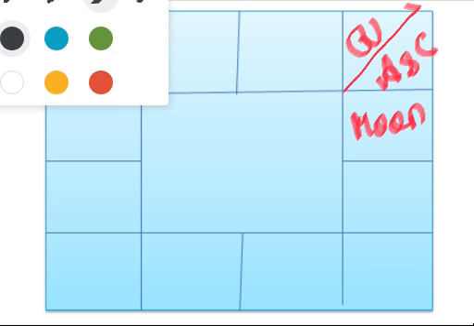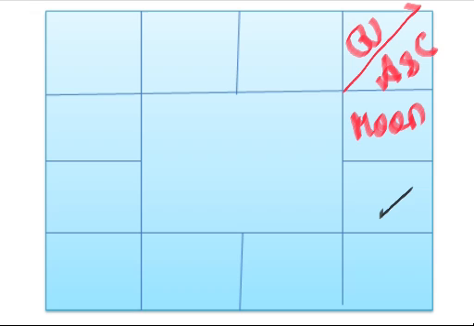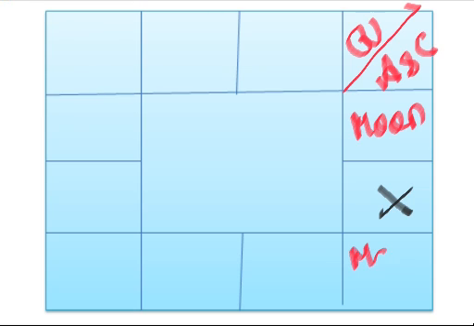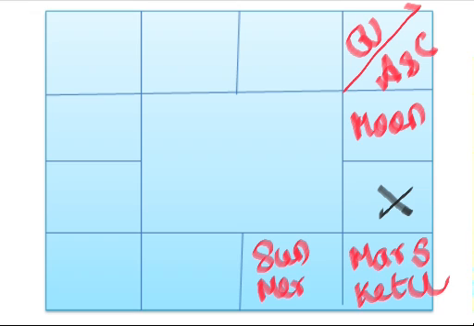In the second house there are no other planets. In the third house there is no other planet, as per the Hindu calendar I am saying. Here, by seeing the Hindu calendar for the particular date and time, you may get Mars and Ketu. After that, here Sun and Mercury.